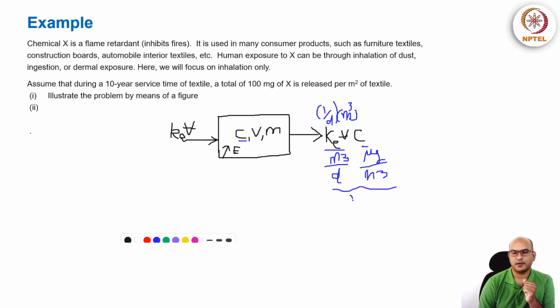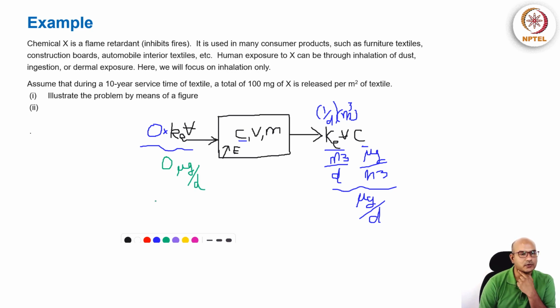So the total outflow will become microgram per day, and only clean air is coming, so we will have concentration 0 multiplied by Ke times V, so this will be 0. So we will draw the figure again.